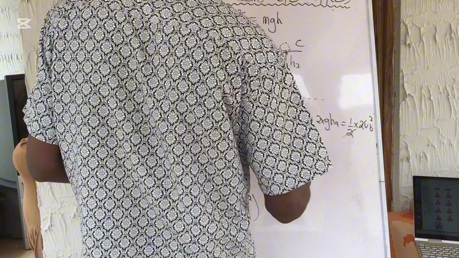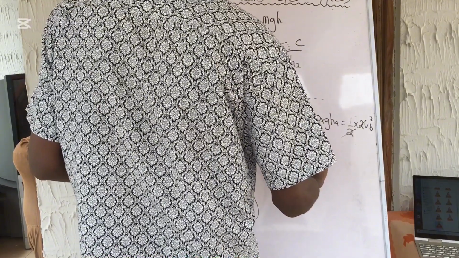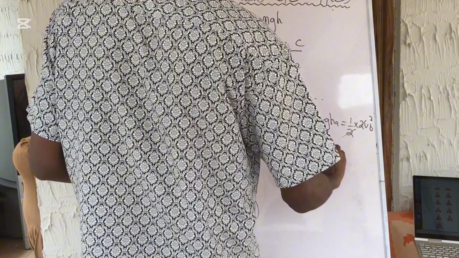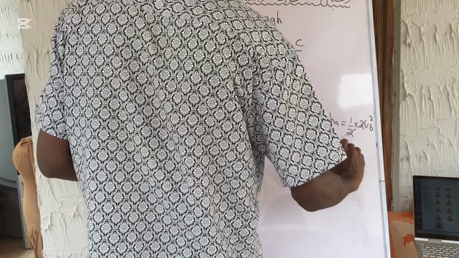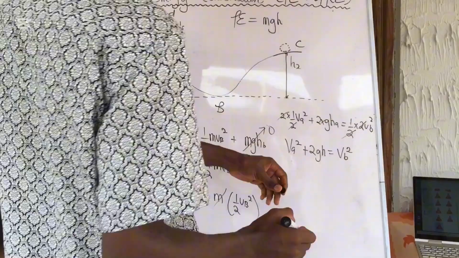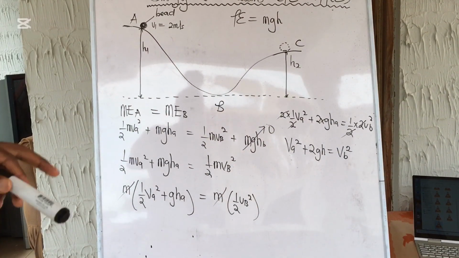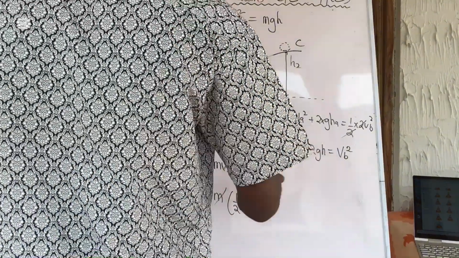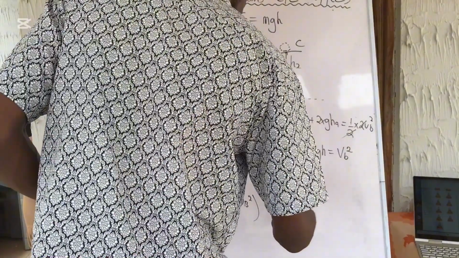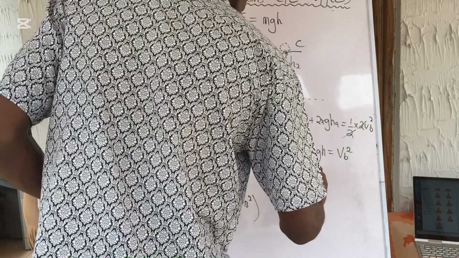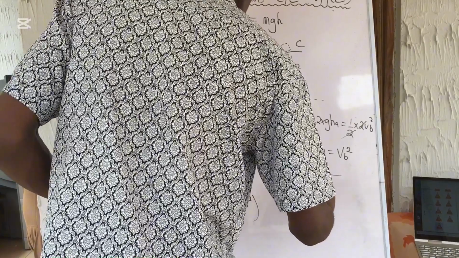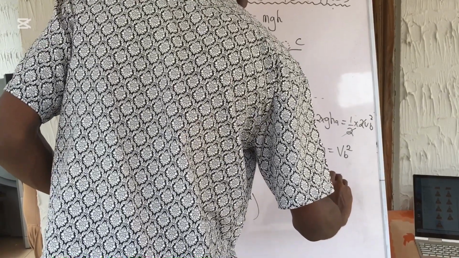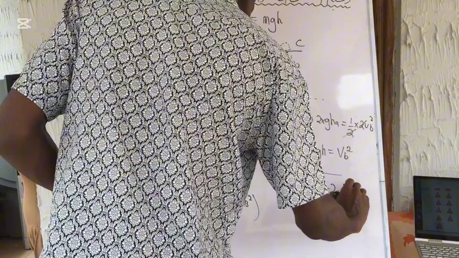Now we have va square plus 2jh is equal to vb square. Now this is the relation. So if you want to find the speed at point B, then we just make vb the subject. So vb is equal to the square root of va square plus 2jha.